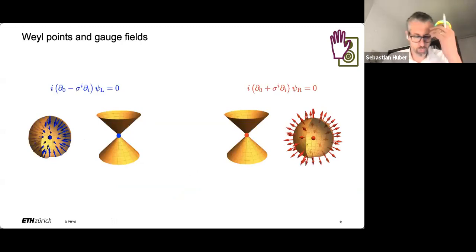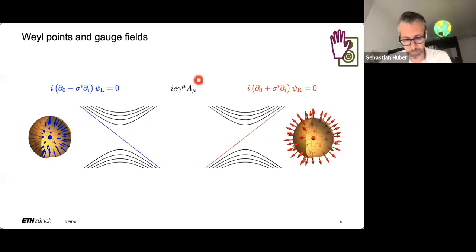But what I want to focus on in this talk is, for me, one of the more fascinating things that arise in such a Weyl system if you apply a magnetic field. If we apply a magnetic field, let's say in the Z direction, the spectrum changes from two bands that touch, and the system gaps out. But around each of the 2 Weyl points, we get a chiral channel.